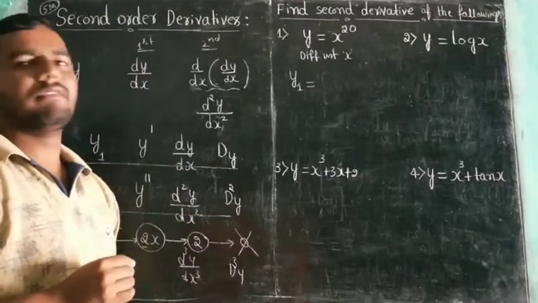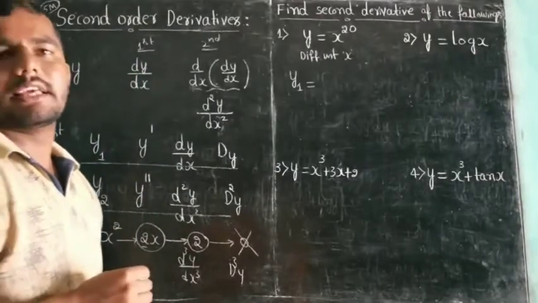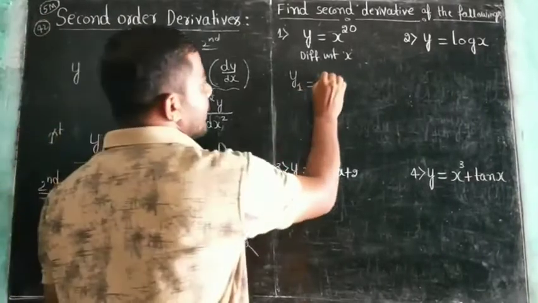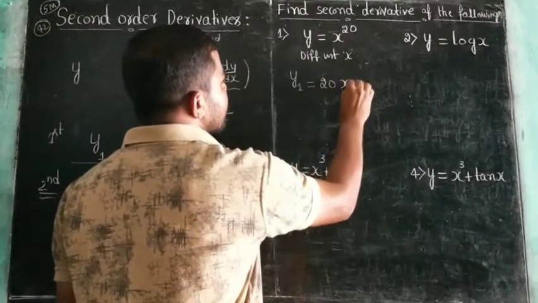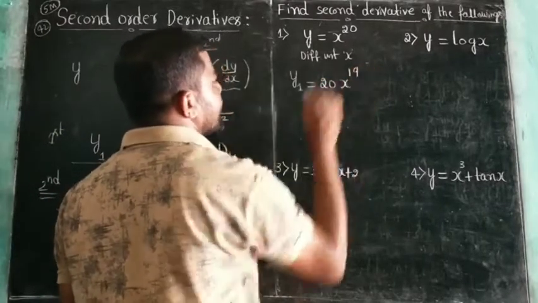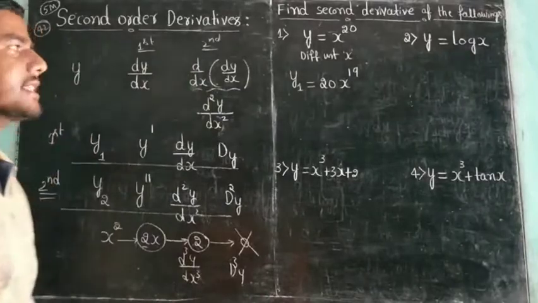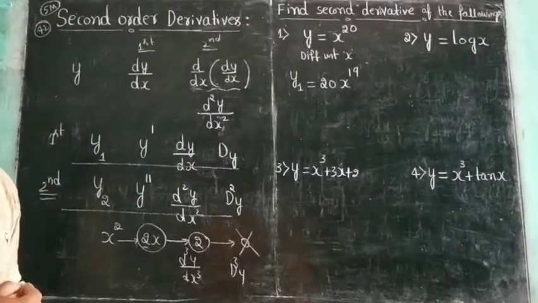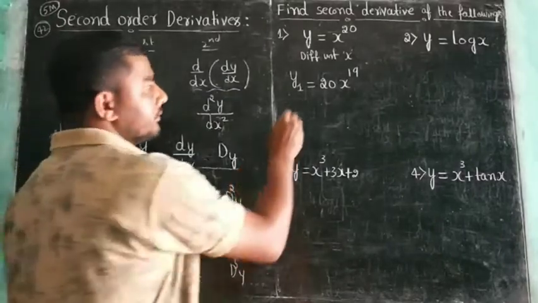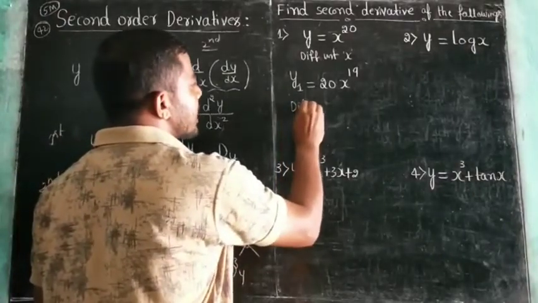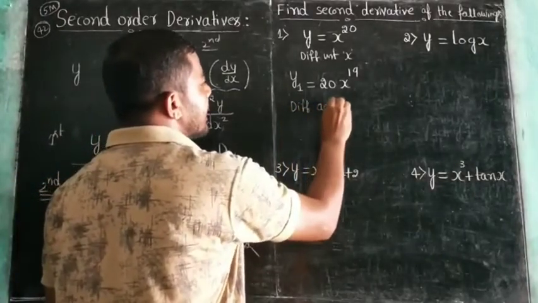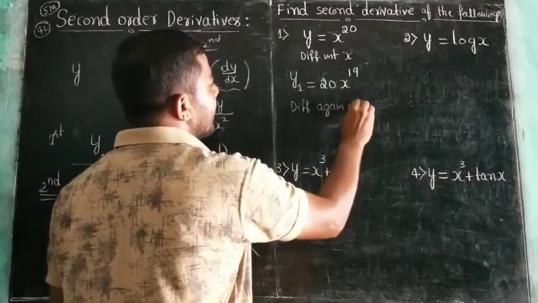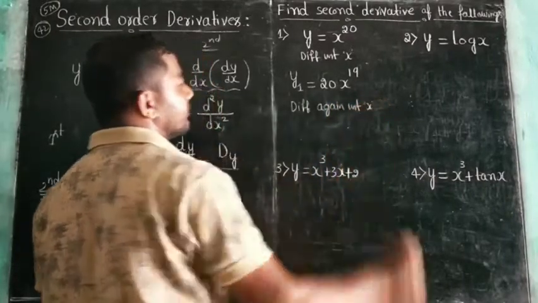The derivative of x power n is n into x power n minus 1. 20 minus 1 is 19. It is the first derivative. And then differentiate again with respect to x.